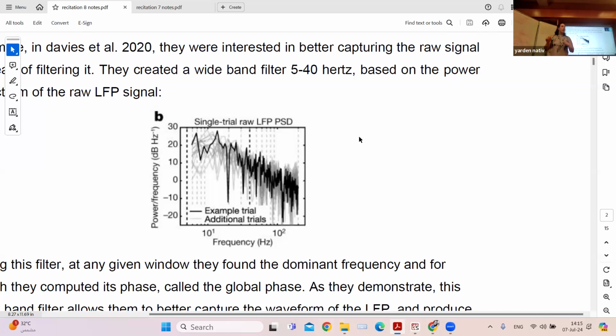Then you will have, for example, in black the real power spectrum and in gray the shuffled one. And then you can look at when you have a significant difference between your real signal in black and the gray one. But why do I want to filter the 5 to 40 hertz?